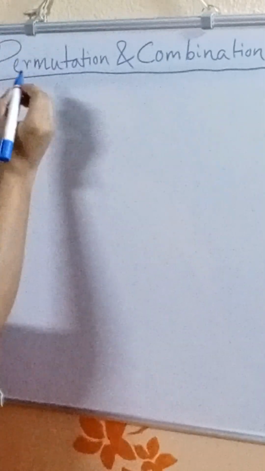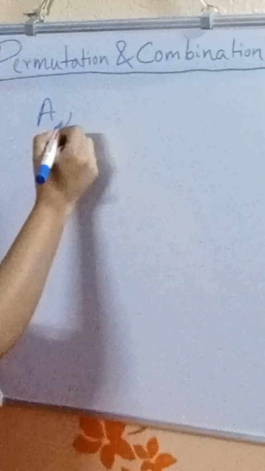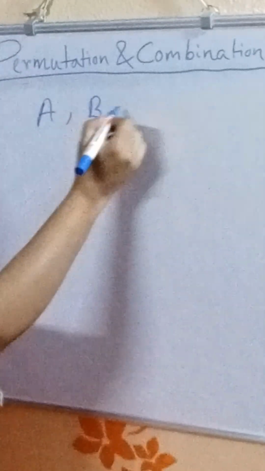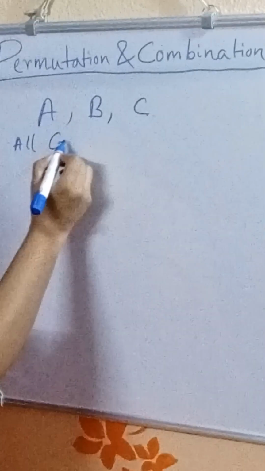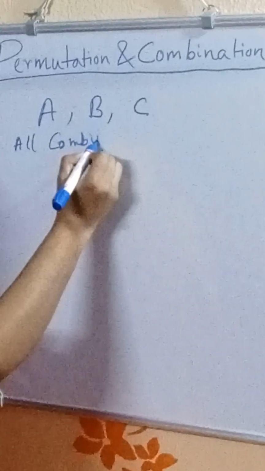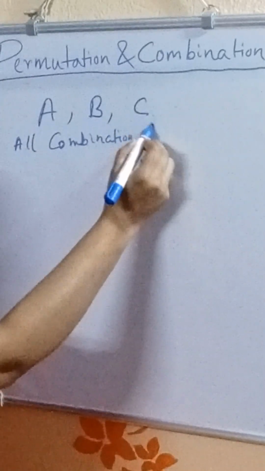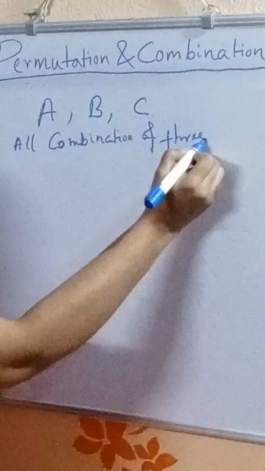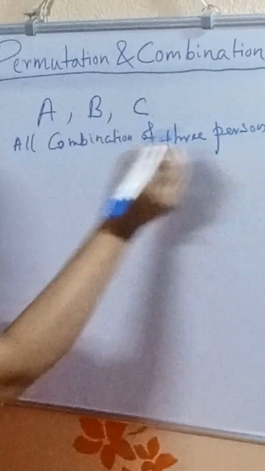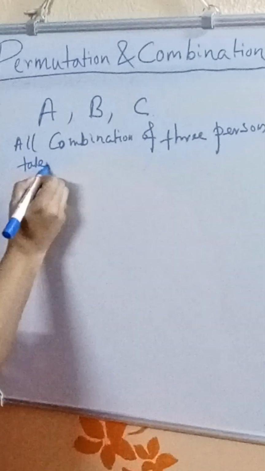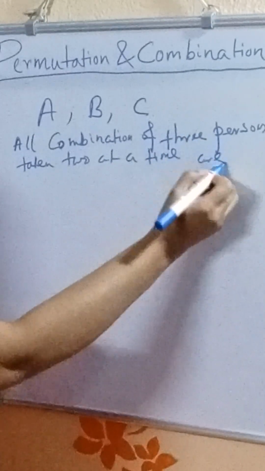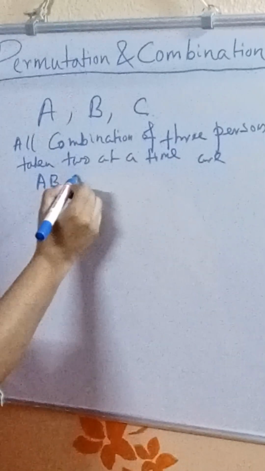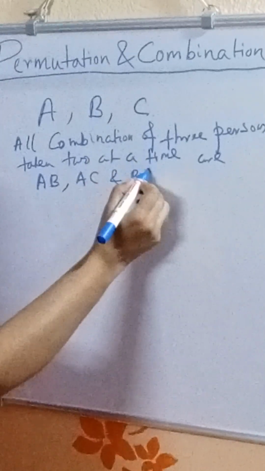Irrespective of their arrangement is the difference between permutation and combination. Let's take three people whose names start with A, B and C. All combinations of 3 things taken 2 at a time are AB, AC and BC.